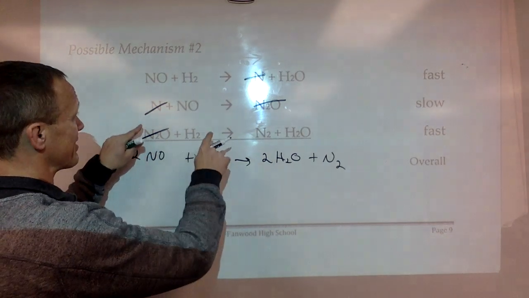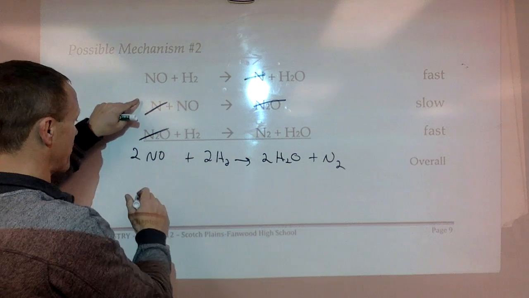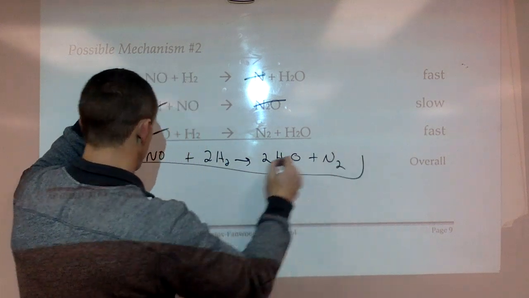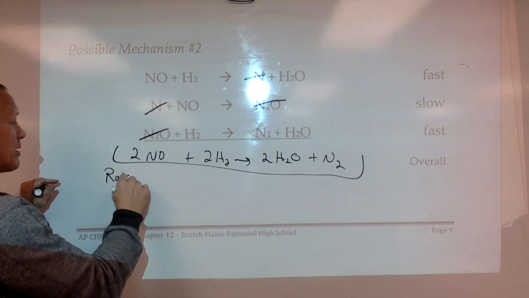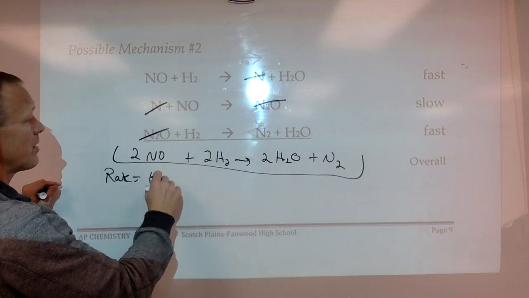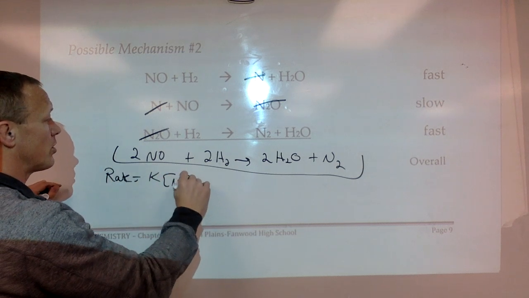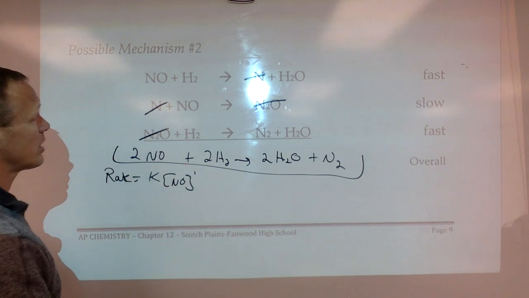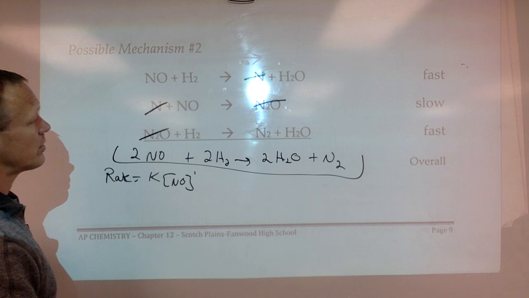Our slow step is now this one. If I write this, this is going to be a little tougher one, so you've got to really pay attention here to what's going on. Rate equals k times the concentration of NO times N, both to the first power, is our slow step.